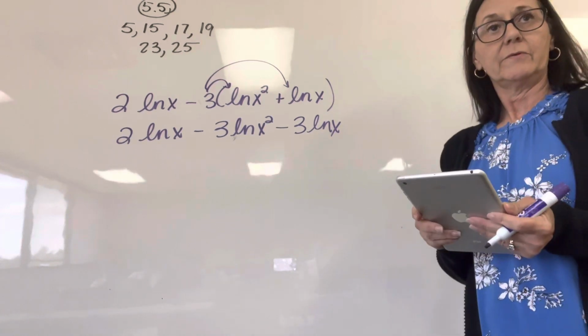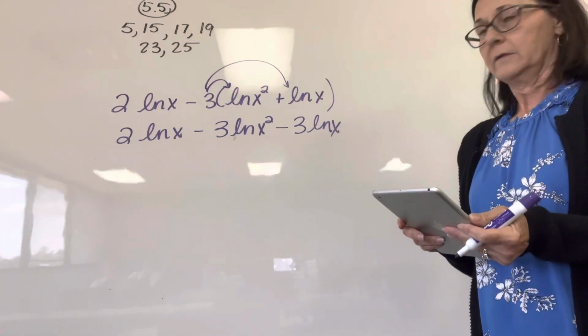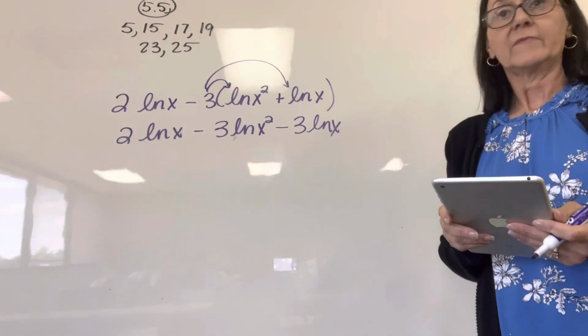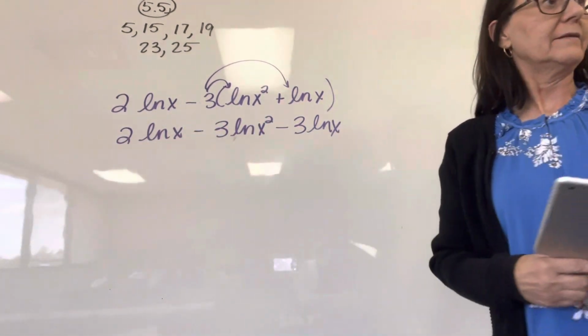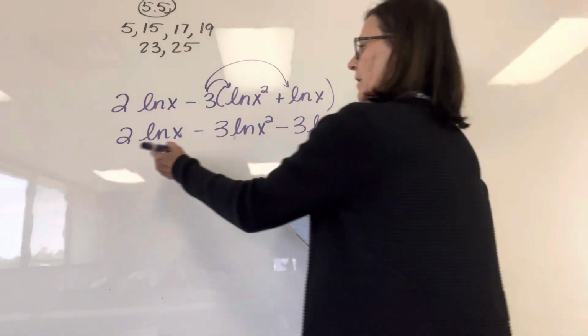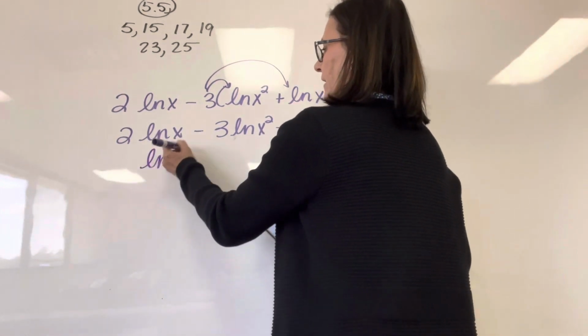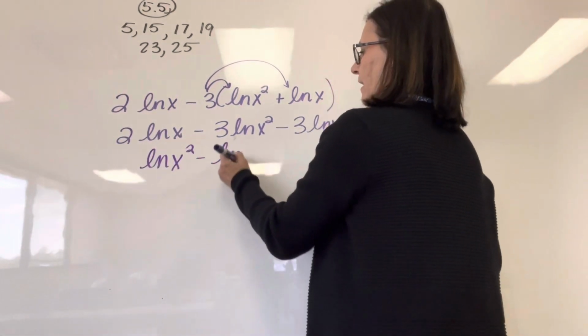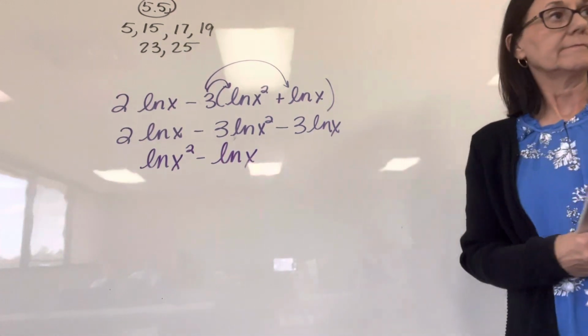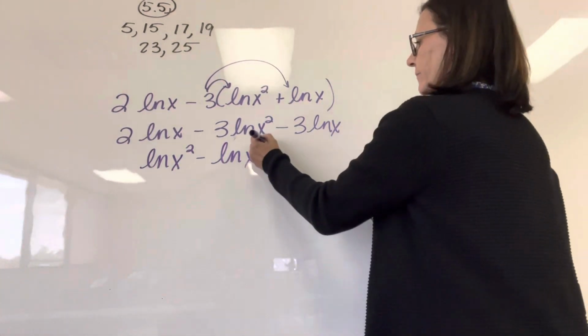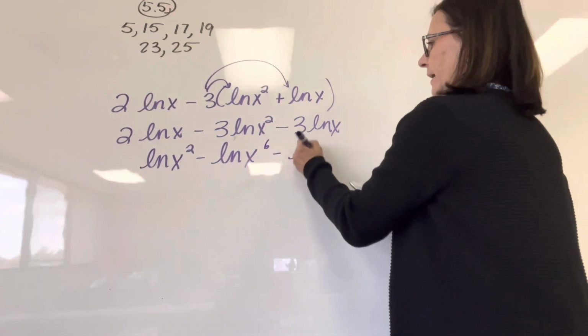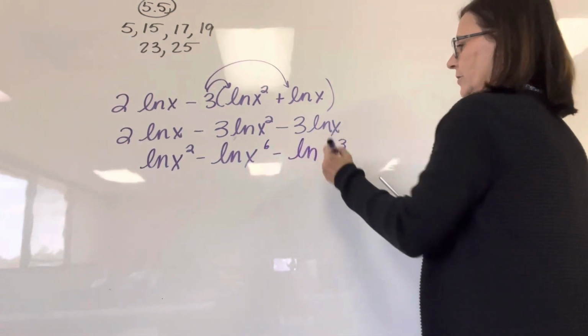Now what would you do? Well, you can make it a complex fraction and then multiply. Well, move this to your power position, right? Move that to the power position. So this is the ln of x squared minus the ln of x to the 6th minus the ln x cubed.